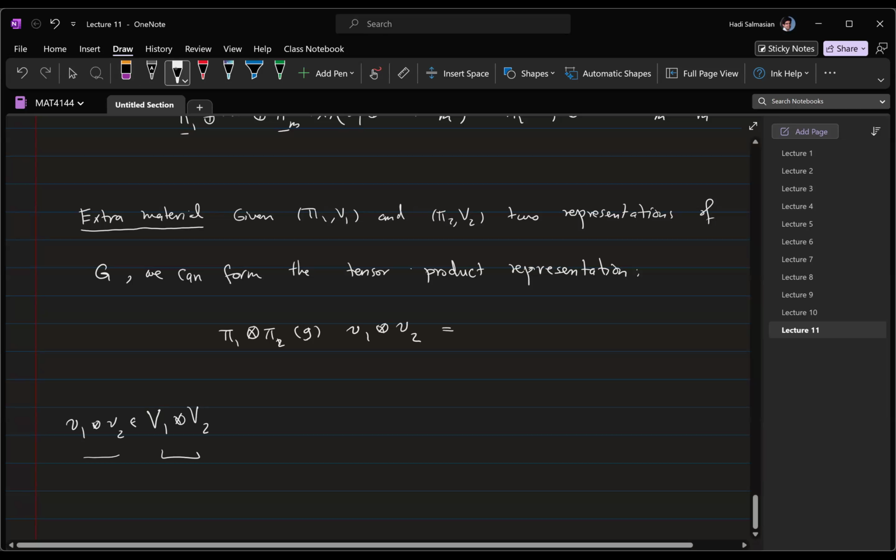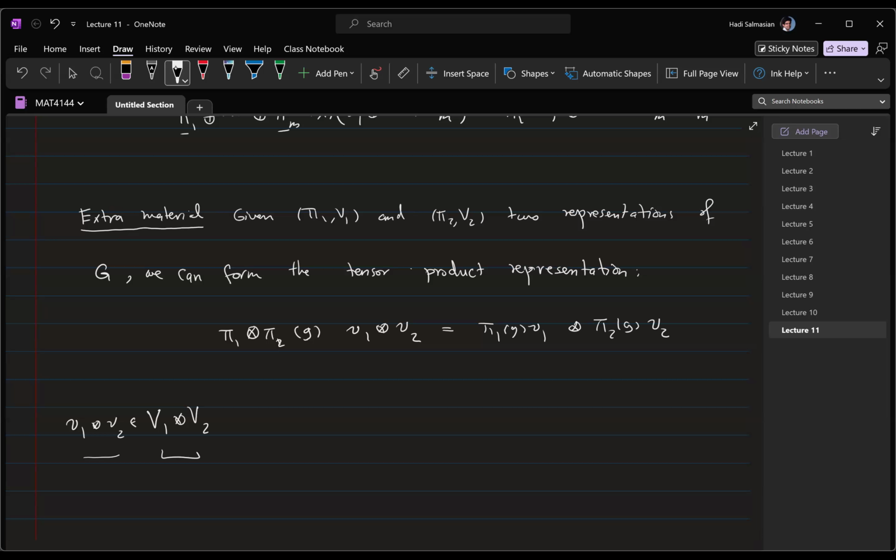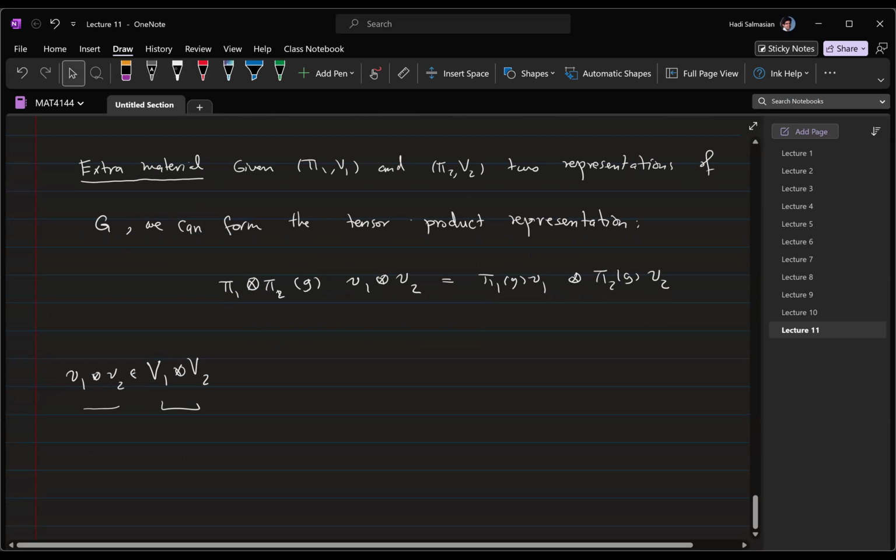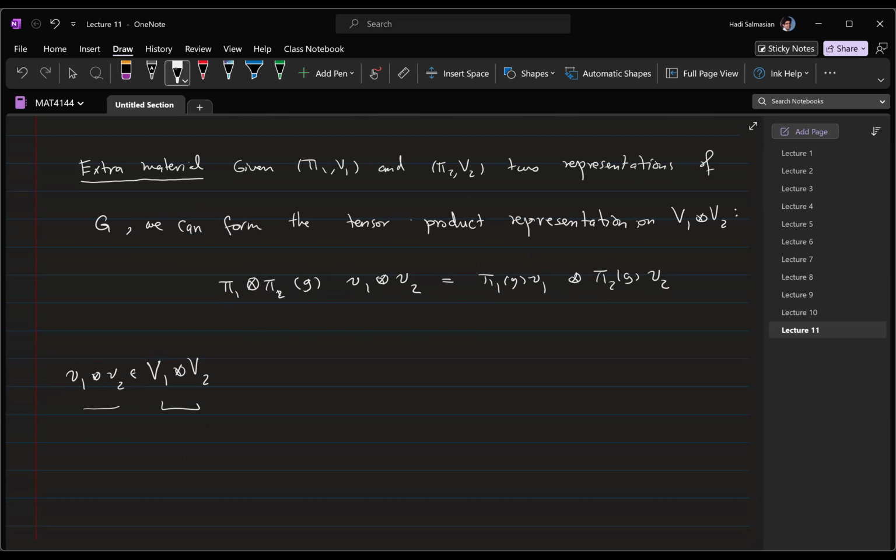It will be pi 1 g v1 tensor pi 2 g v2 on v1 tensor v2. The vector space of the tensor representation is the tensor product.